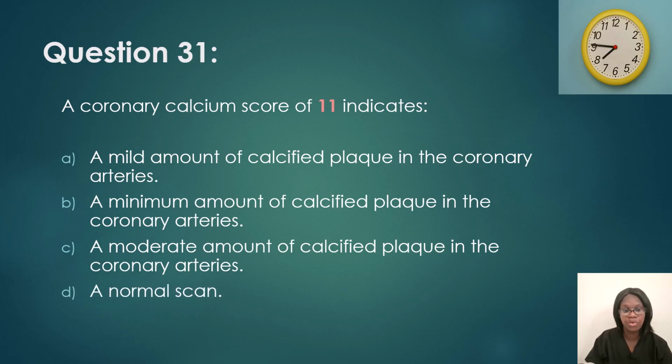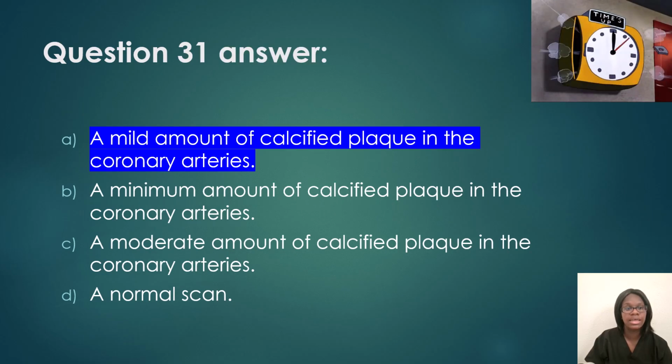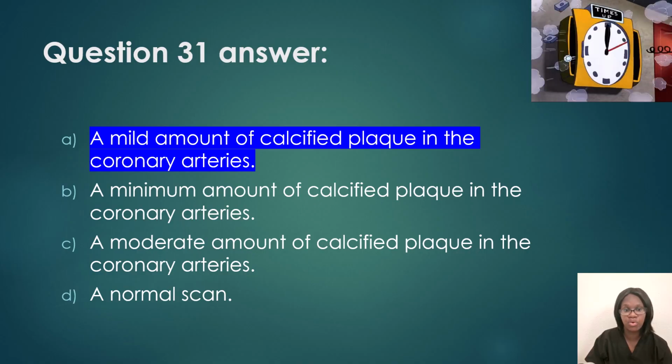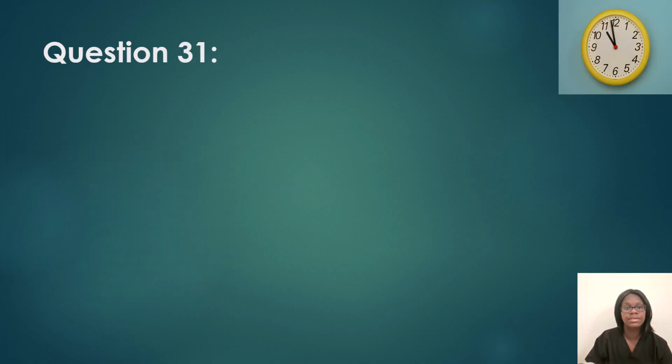Or D, a normal scan. All right, the correct answer is A, a mild amount of calcified plaque in the coronary arteries.